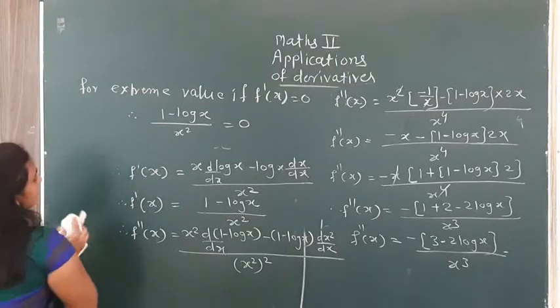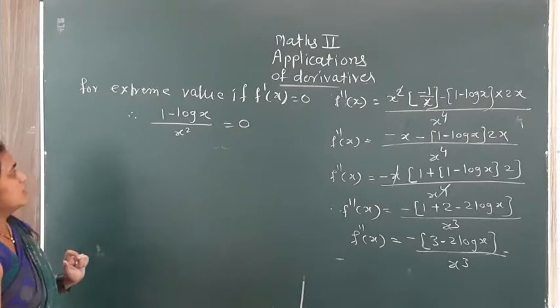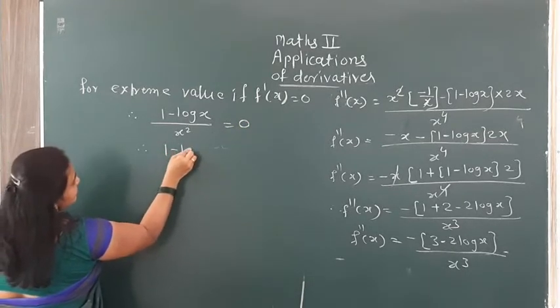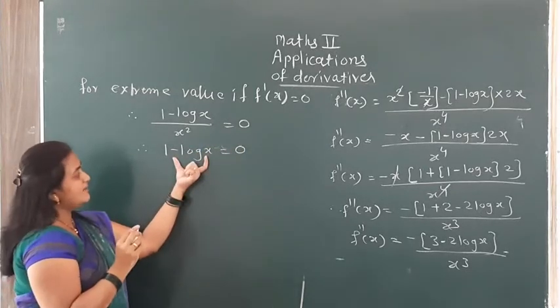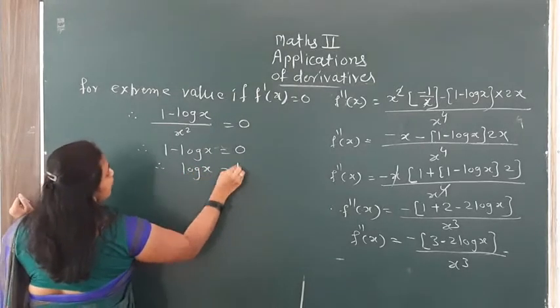We solve and find the x value. Multiply both sides by x square, so 1 minus log x is equal to 0. Now log x, moving to the other side, becomes plus. So log x is equal to 1.